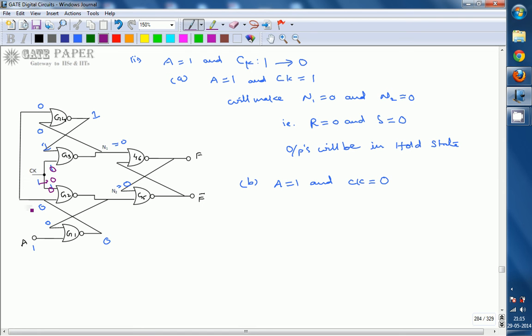Now a is equal to 1. A is equal to 1 implies nothing but output will be at 0, and this 0 will come over here. So a is equal to 1 as it is. That is going to be making output of this G1 at 0, and output of G1 is going to be making 0 at the G2 gate input. So both are zeros. Since ck is equal to 0, output of G2, n2, previously it was 0, now it is changing towards 1.